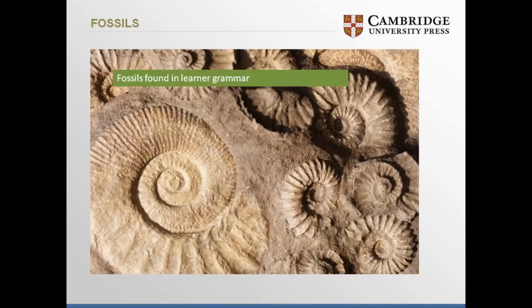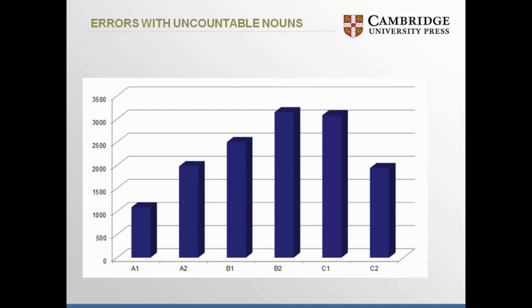Of course, we did find a lot of fossils, keeping the nature theme going here. And one of the big ones that we always show is around uncountable nouns, because it's a nice example for us to show that it's an error that seems to stay.